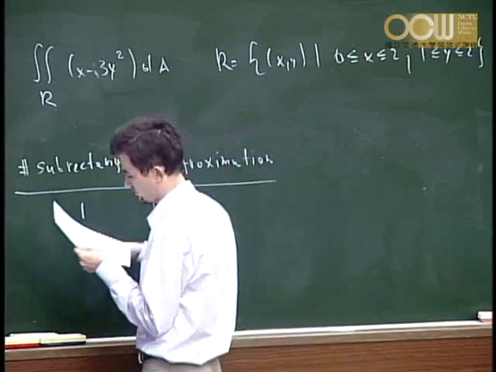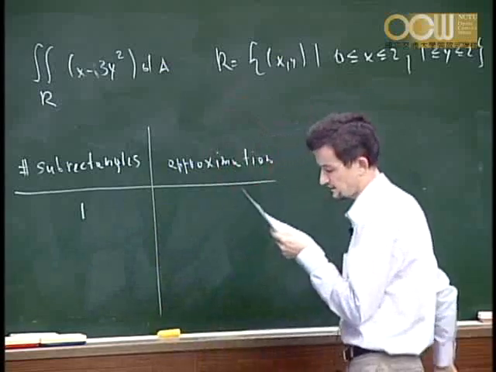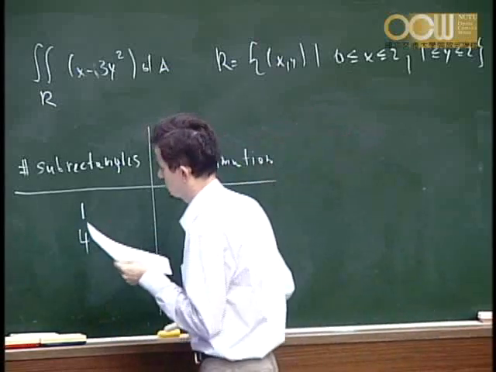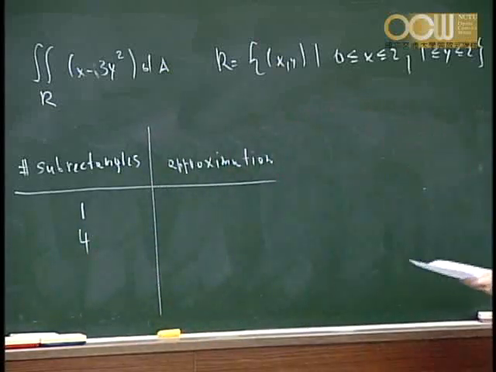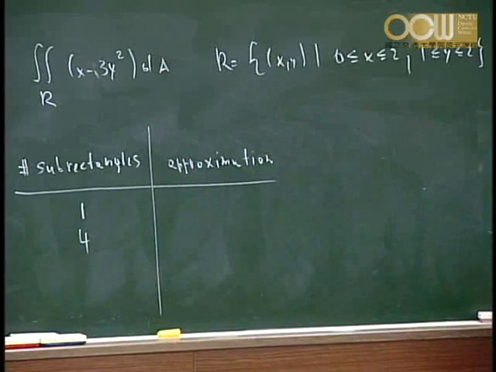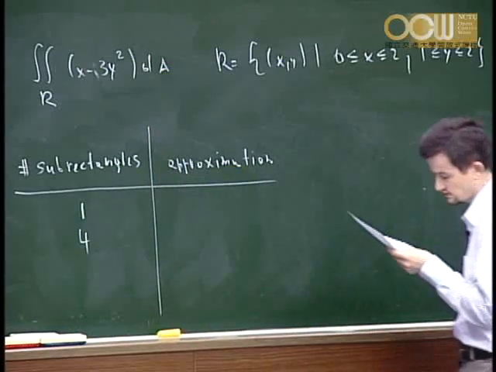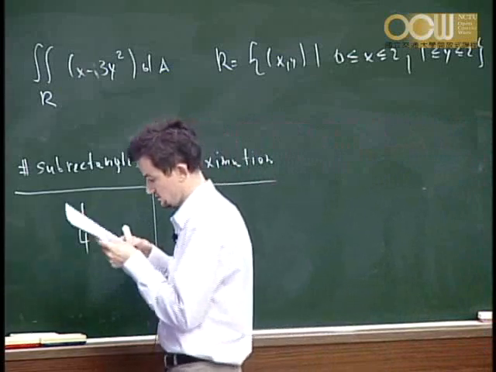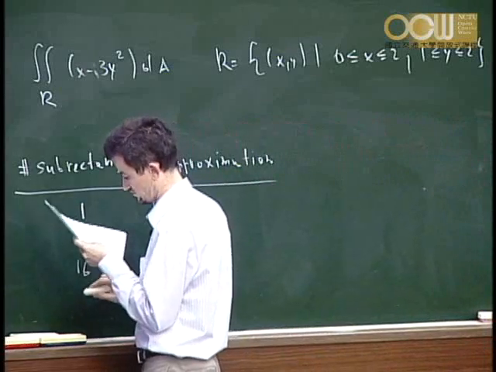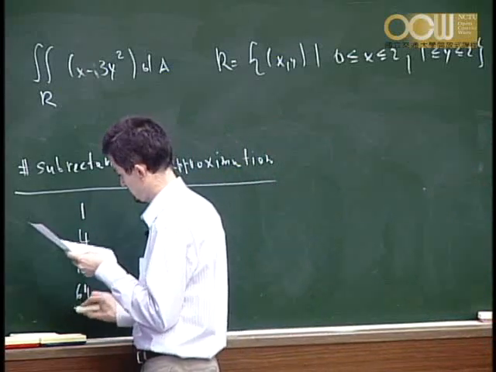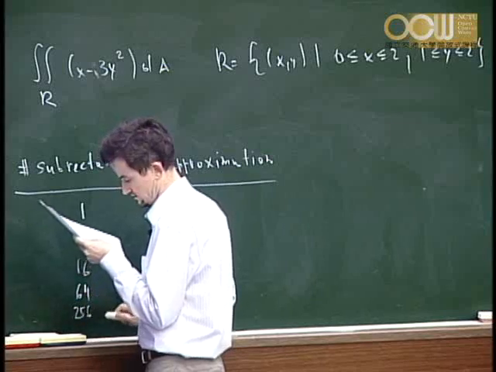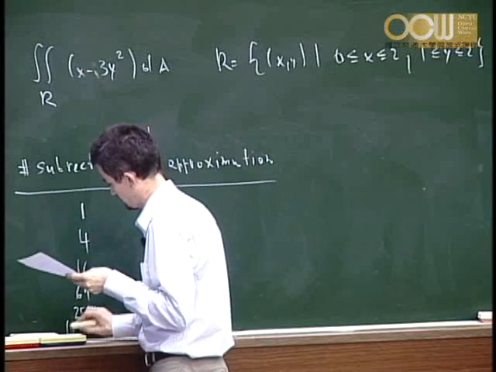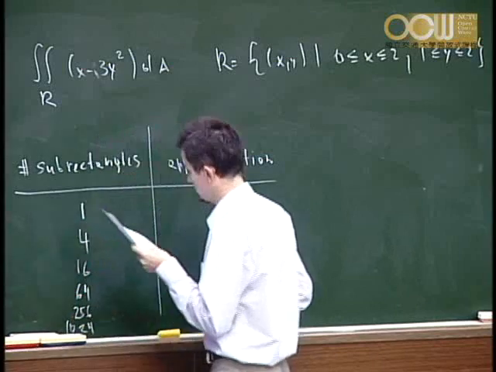Here I use the whole, so I do not divide it. Here I always choose the same number along the x direction and the y direction. So here I use 2, and then I use 16, and then 64, and then 256, and then 1024. So what do I get?